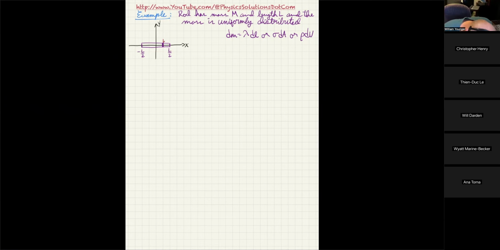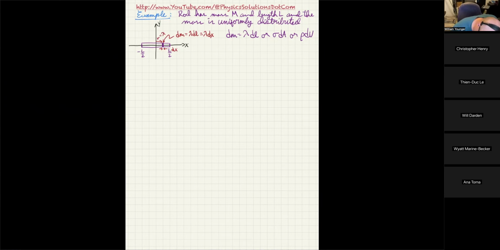That quantity is dm, and that dm is going to be lambda times dl, but the dl happens to be acting along the x-axis, so we might as well call it lambda dx, because the thickness from here to here is dx, and the r is actually equal to the x coordinate.